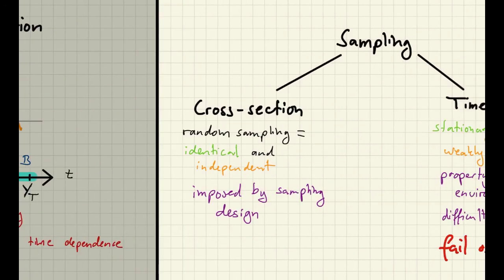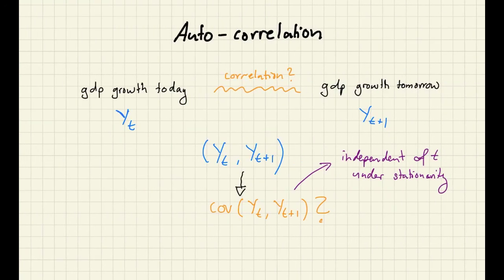So this is how stationarity and weak time dependence let us define the concept of an autocorrelation and let us figure out the sign of the autocorrelation from an observed time series.